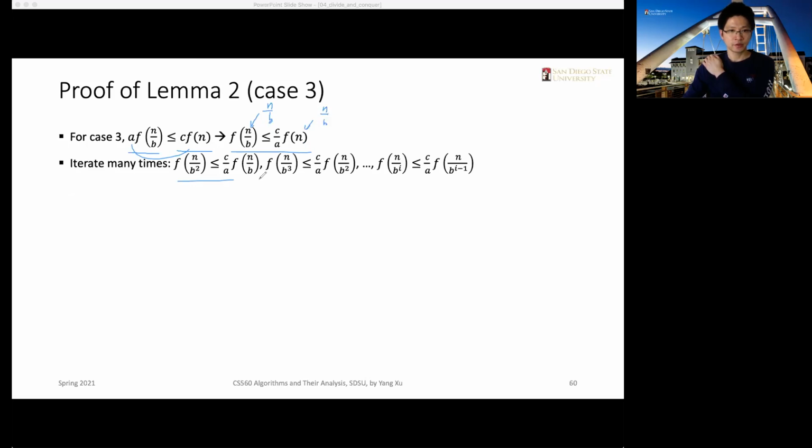We will have this term, and substitute again, we will have this term, and again with this term. We substitute n over b into n iteratively.